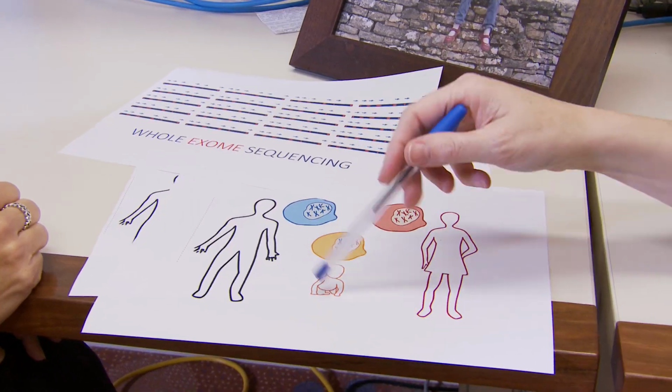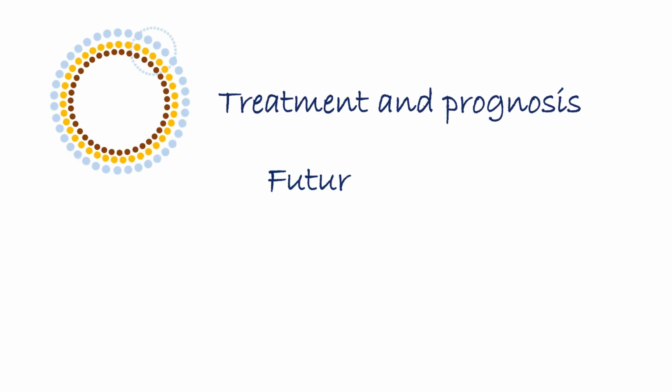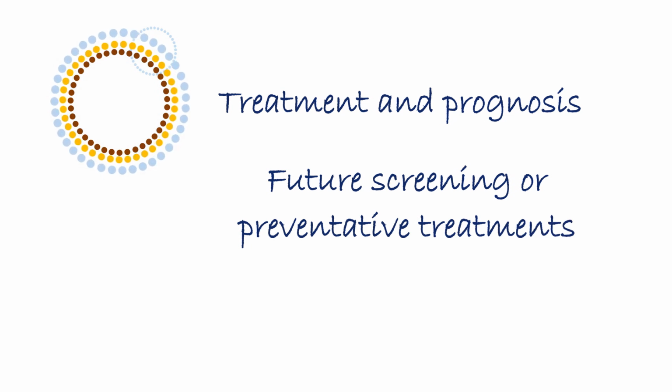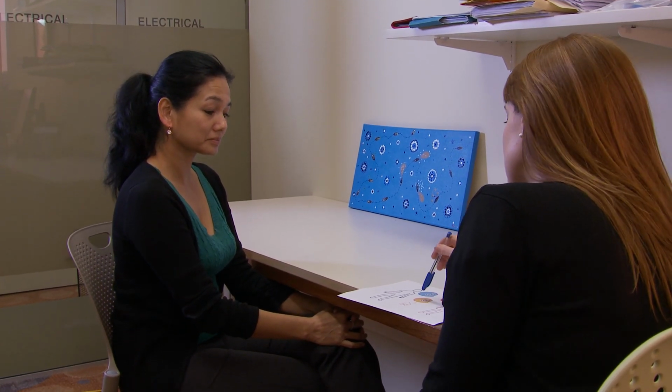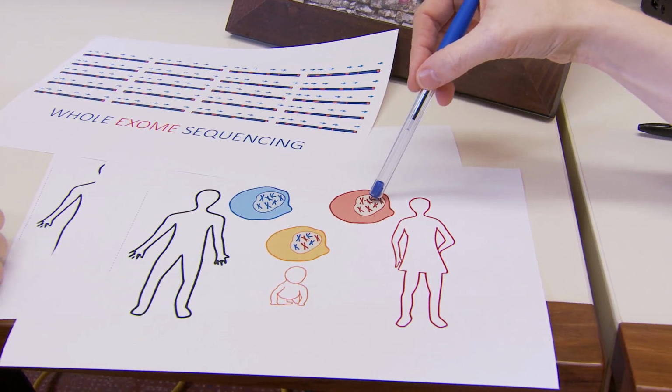This finding is important because it may affect treatment and prognosis, future screening or preventative treatments, and risks to other family members. Therefore, a genetics clinician will discuss these results with the patient. In the event that an inherited mutation is identified, family members will also be given the opportunity to meet with a genetics clinician.